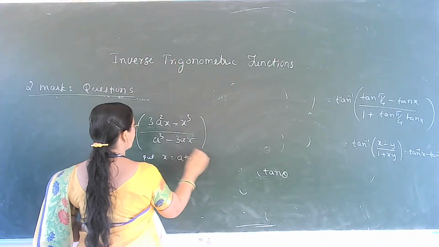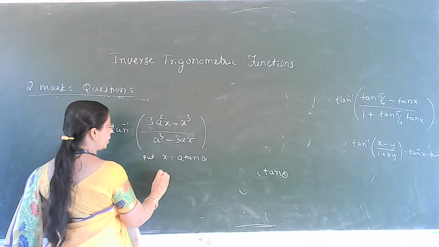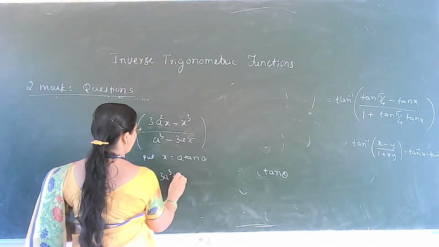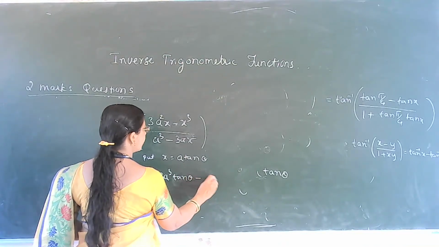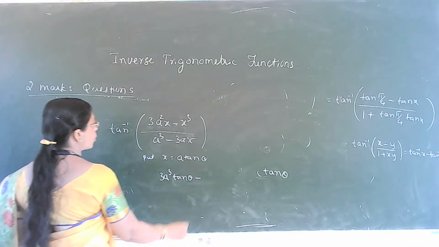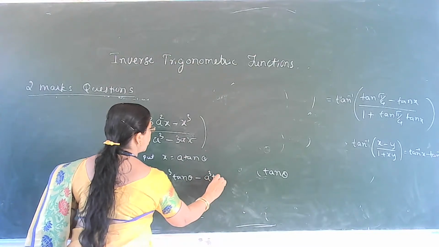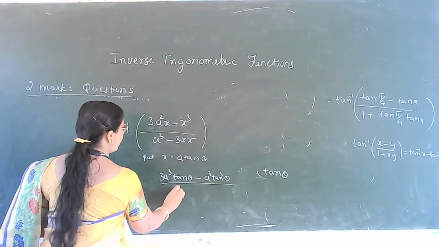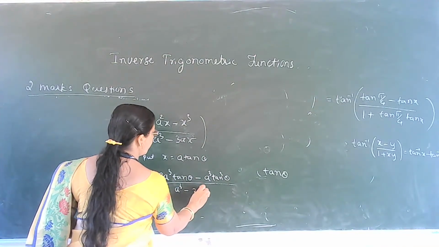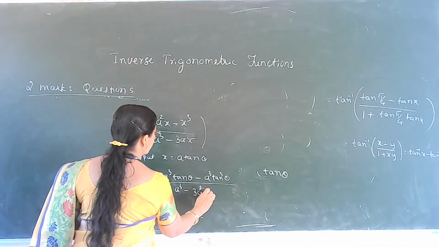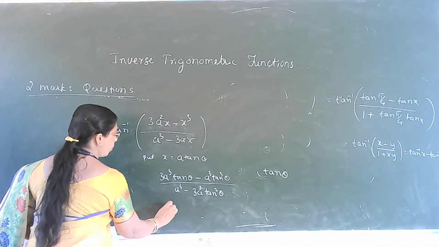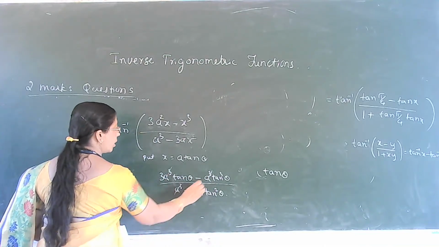You get here 3a square means 3a cube, x means tan theta, minus x cube is a cube tan cube theta, divided by a cube minus 3a x square means a square, therefore it is also a cube tan square theta. Then we take a cube common, all are cancelled here.